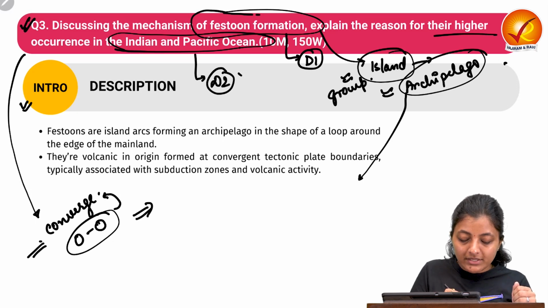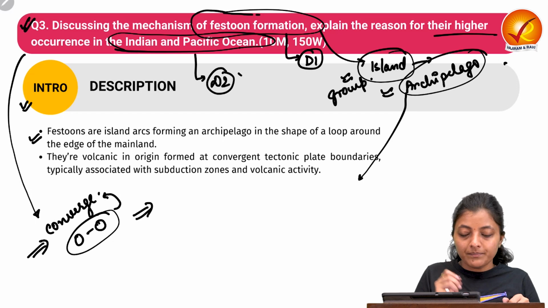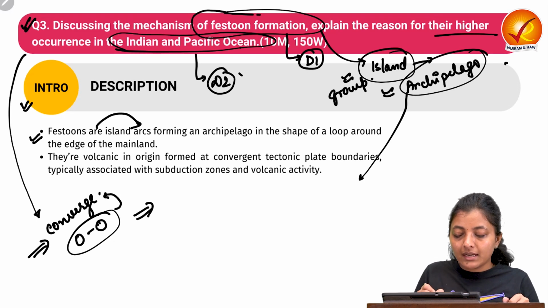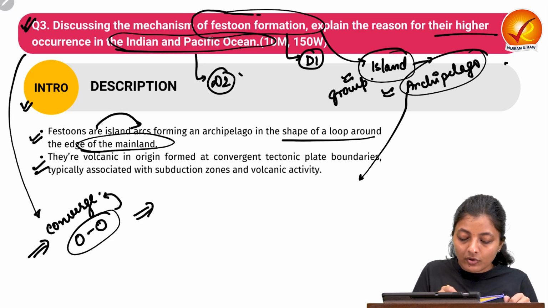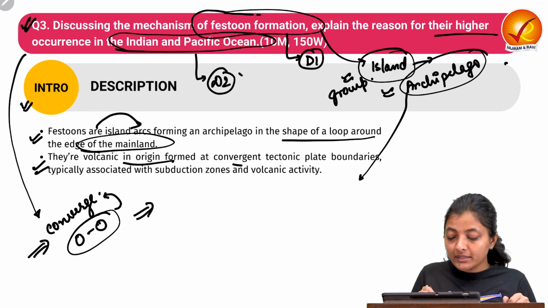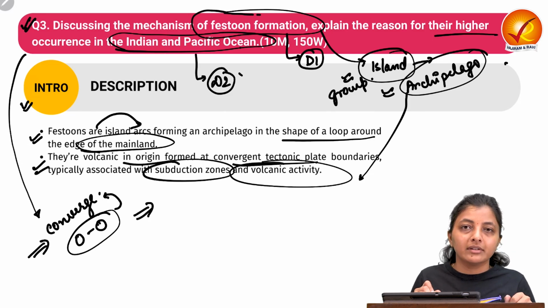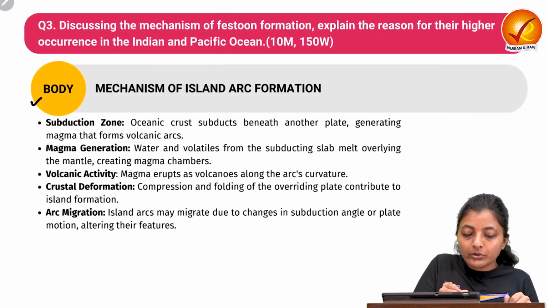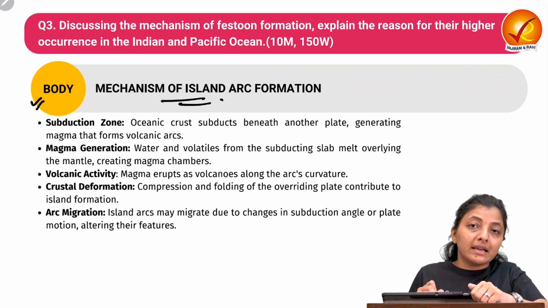So this way you can start your introduction, or you can write that these are island arcs. They form an archipelago in the shape of a loop around the edge of the mainland. They are volcanic in origin, formed at convergent tectonic plate boundaries, typically associated with subduction zones and volcanic activity.